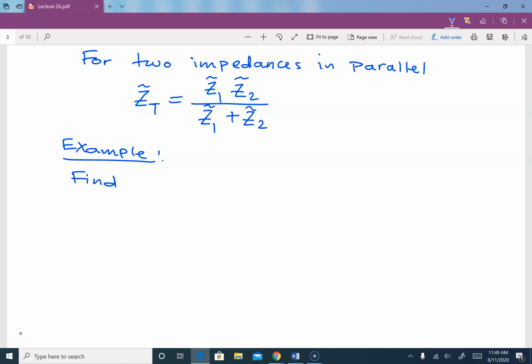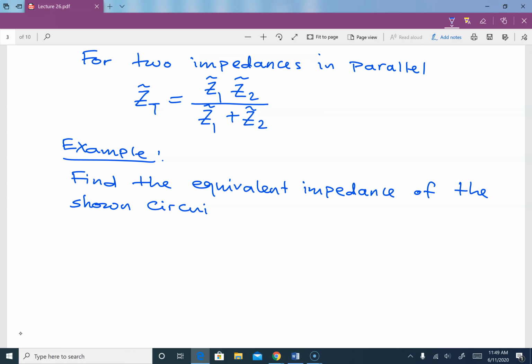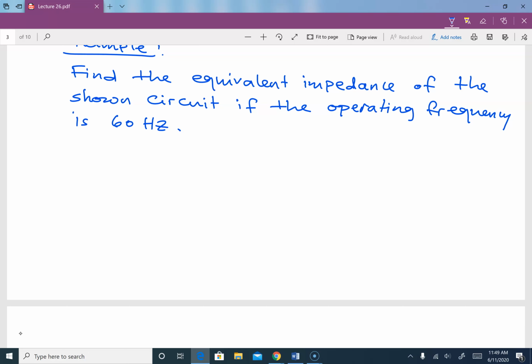So we would like to find the equivalent impedance of the shown circuit if the operating frequency is 60 Hertz. And this is our circuit here.